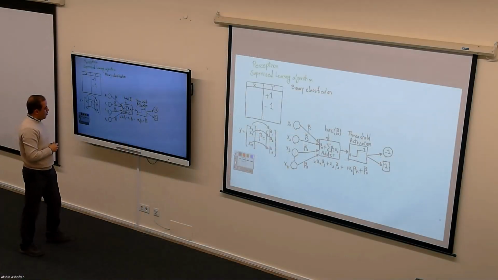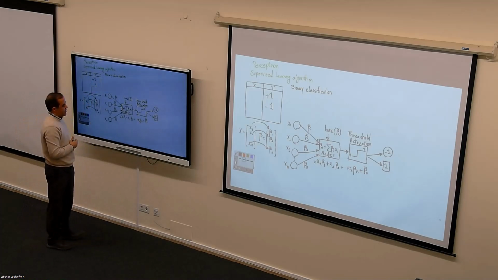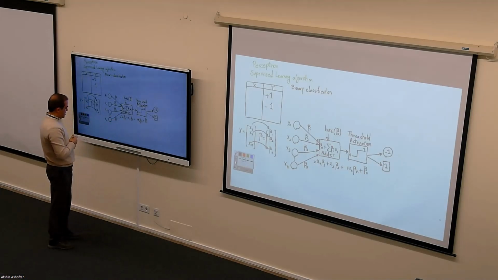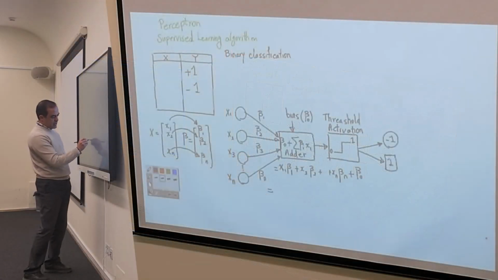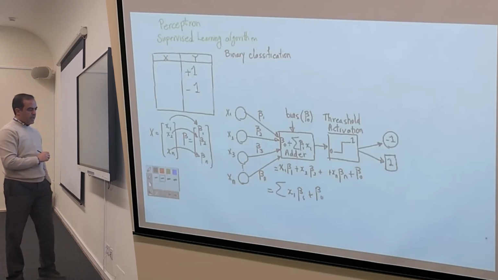That will help our model to be more realistic if we have an intercept, and it can help the model to have better accuracy, so the intercept should also be considered in our calculation. So this is the summation of the xi beta i plus the beta null.